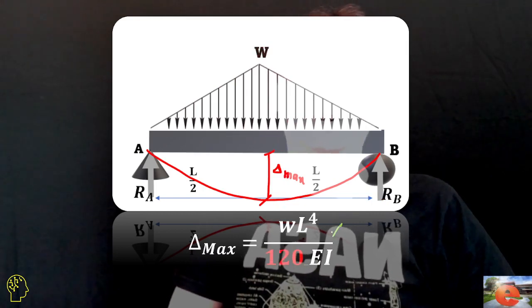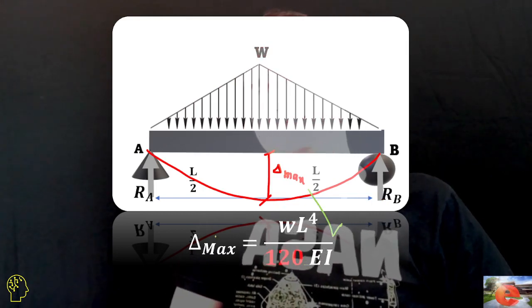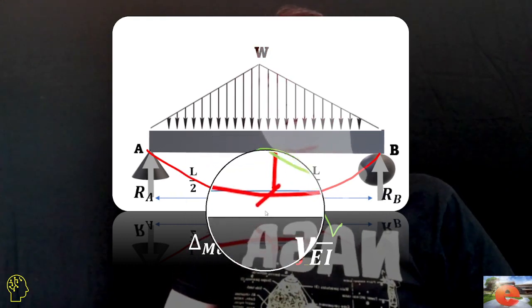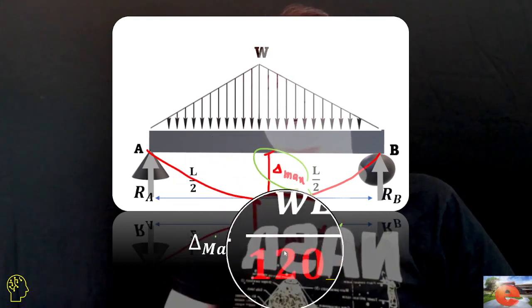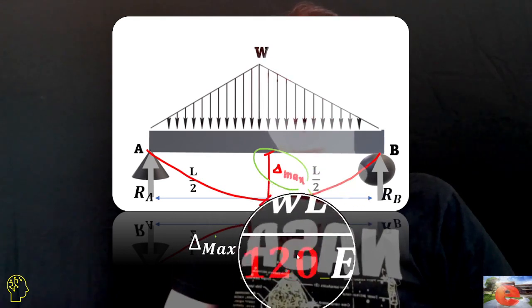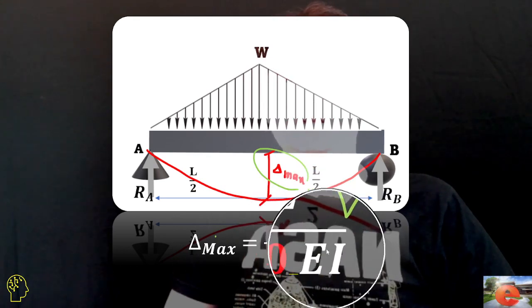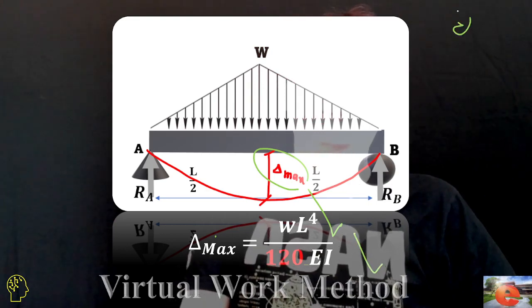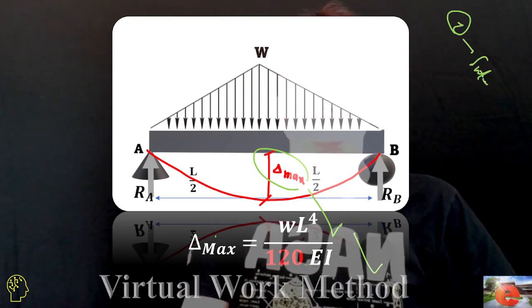So delta maximum, which happens at the center, is equal to WL to the fourth over 120 EI.